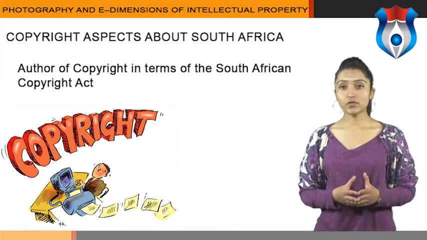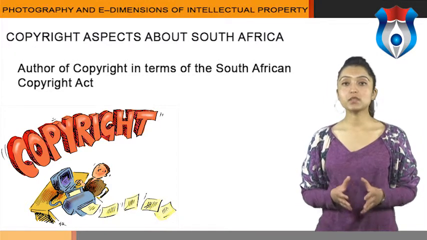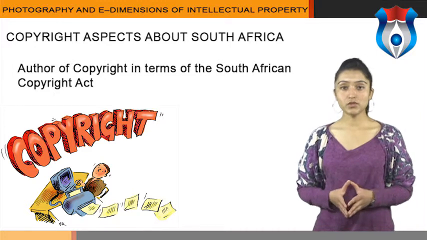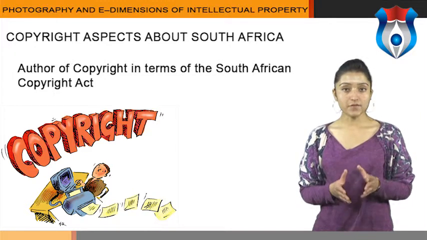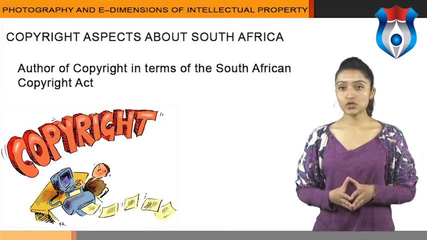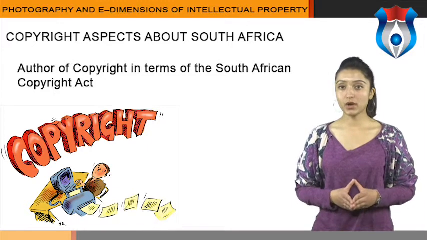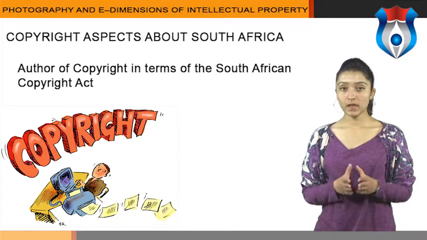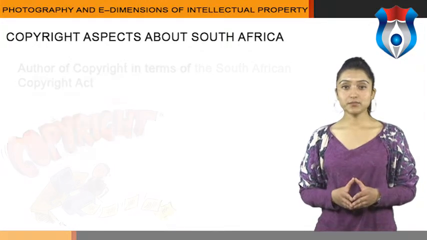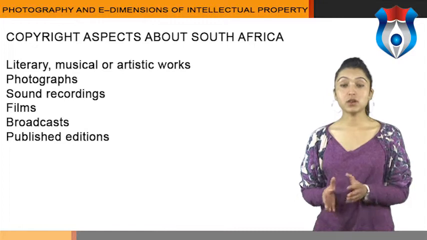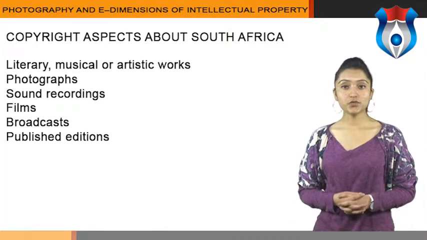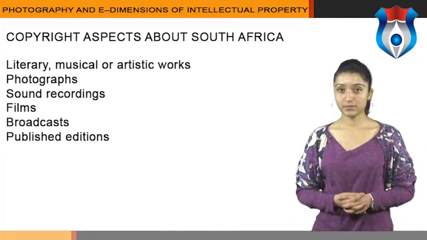Author of copyright in terms of the South African Copyright Act. The authorship of copyrighted works is frequently disputed. The South African Copyright Act provides very clear guidelines as to who shall be considered authors of any particular types of copyrighted works. The summary of these guidelines: literary, musical or artistic works, the person who first makes or creates the work.